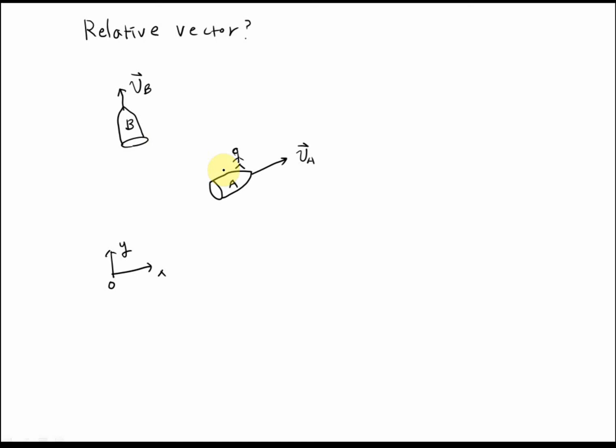Because you observe the motion of b with respect to yourself, staying with the object a and moving together. So in this case, we can simply get the relative velocity, which means I want to get the velocity of b with respect to my a. So that can be the subtraction of vector a from vector b.